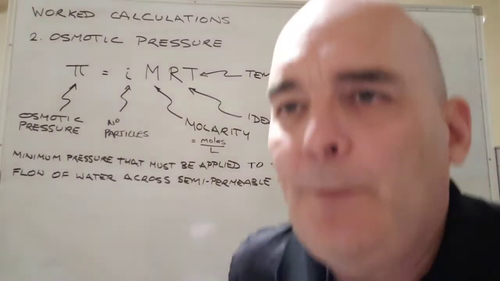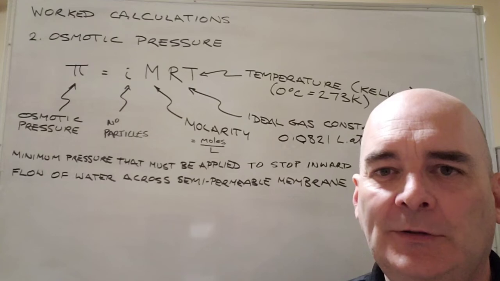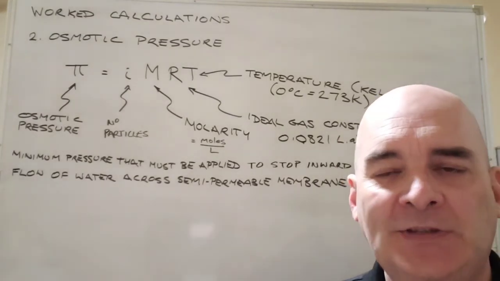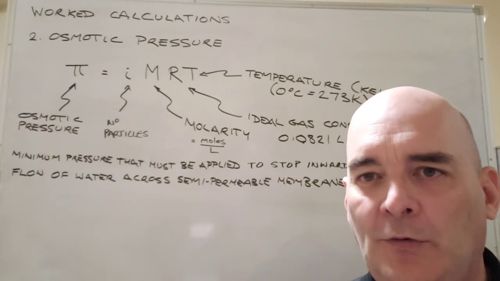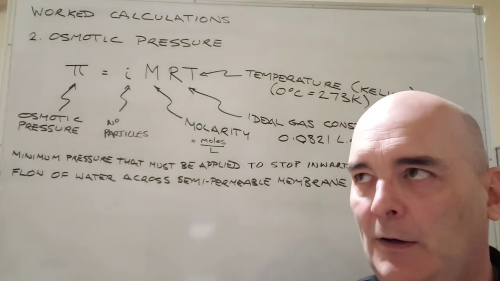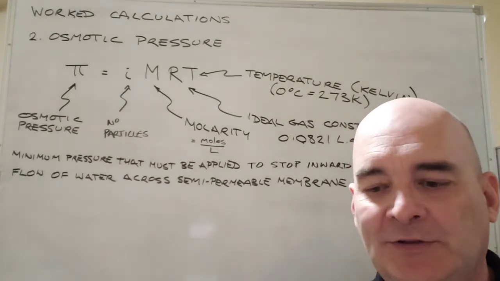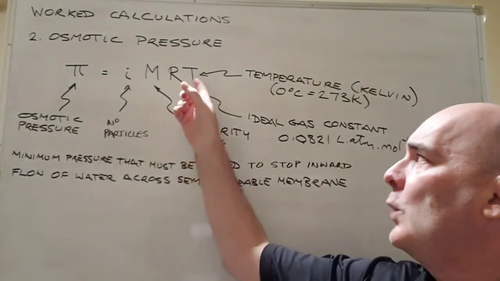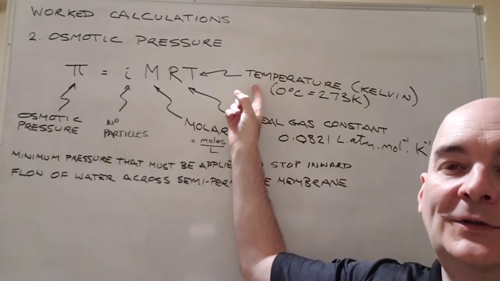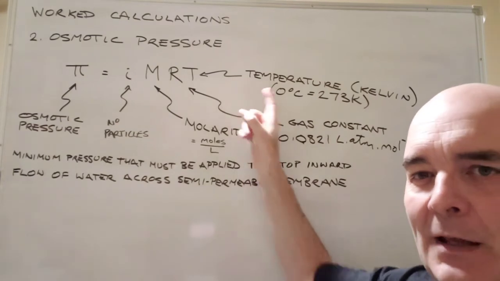Now, when we use temperature in a calculation, we typically don't use Celsius, because Celsius can be a positive number or a negative number. That can throw the meaning of the numerical answers completely off. So when we use temperature in a calculation, we convert our Celsius numbers into Kelvin.